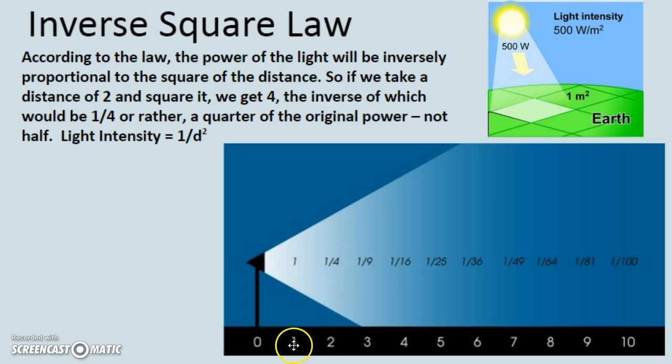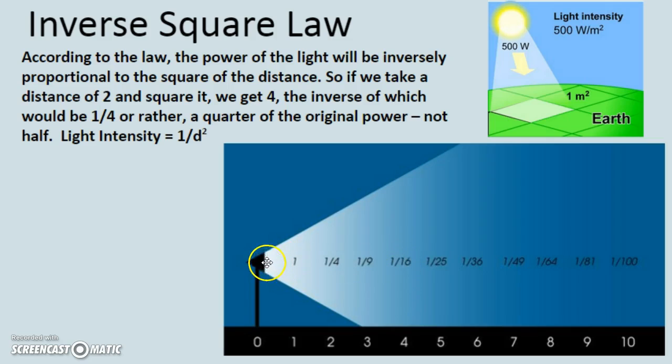If I go 3 meters from the light source, I'm going to have 1/9 the light intensity. If I am 4 meters away, and I originally started off with, let's just say, 1 watt, I'm only going to have 1/16. It's going to be much, much dimmer at this location.